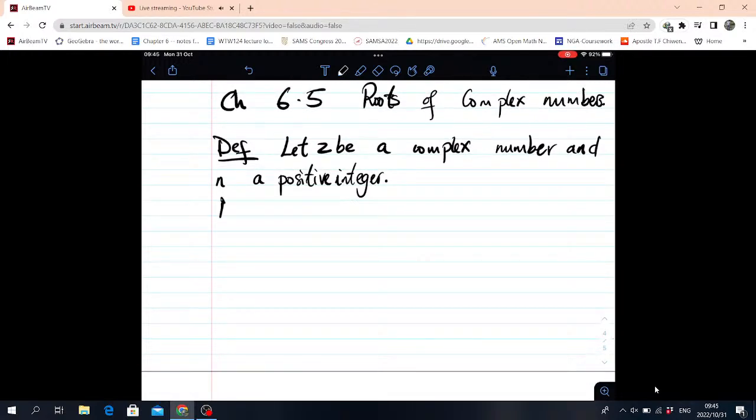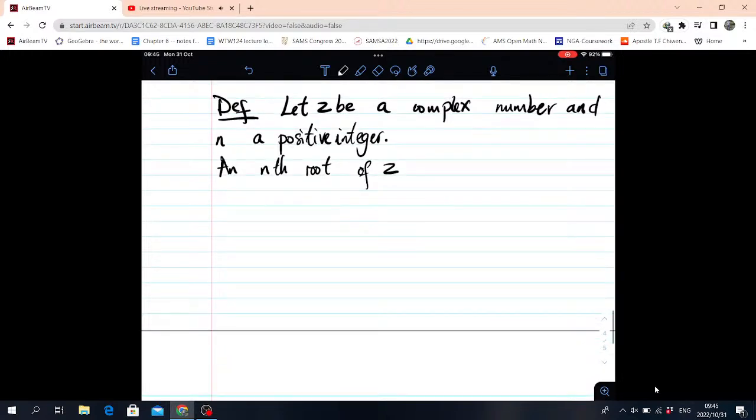Then what we call an nth root of the complex number z is a complex number w such that w to the n is going to be equal to the complex number z.